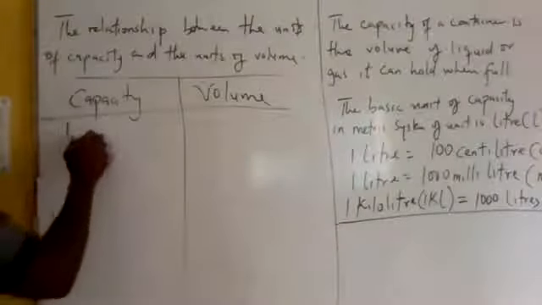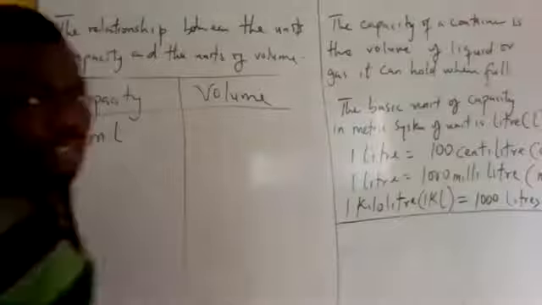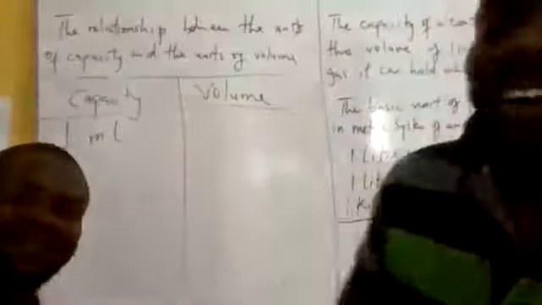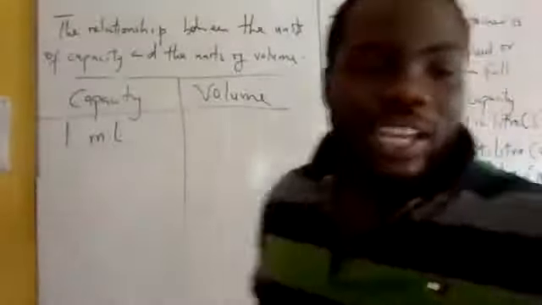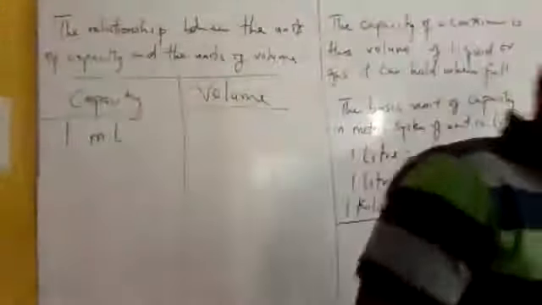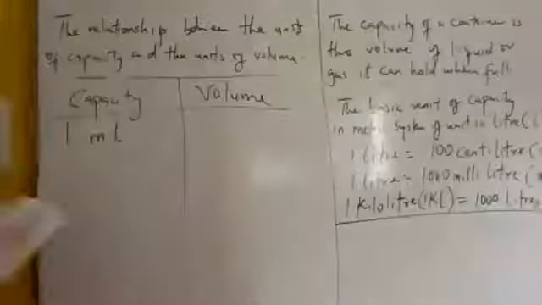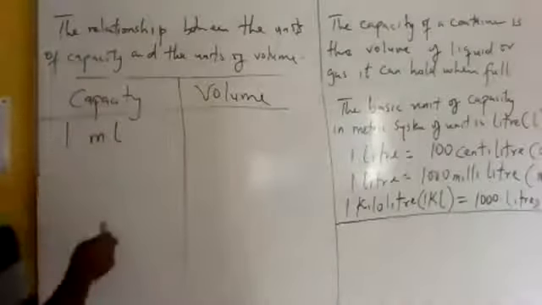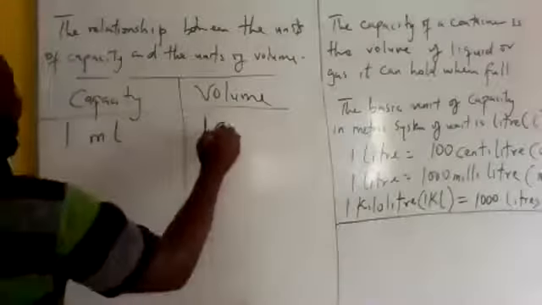So I said we're trying to compare capacity and volume. So here we have capacity, we have volume. 1 milliliter is equal to 1 centimeter cube.